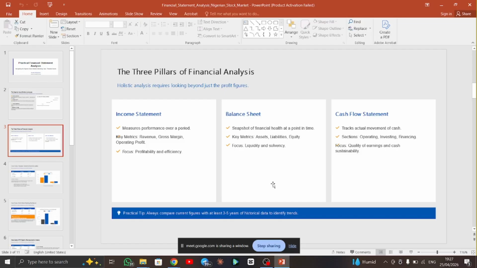So the essence of the income statement is that it focuses on profitability and efficiency, to know how profitable a company is and how efficient it is. Yesterday night I was looking at UBA's financial statement, and UBA did not declare a dividend because I think they don't have enough profit to share with their shareholders.